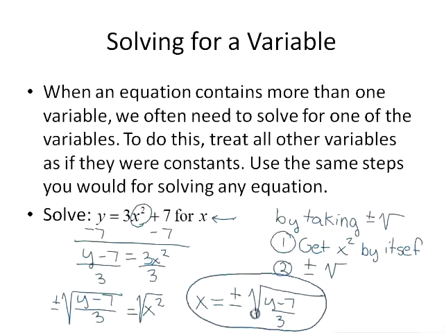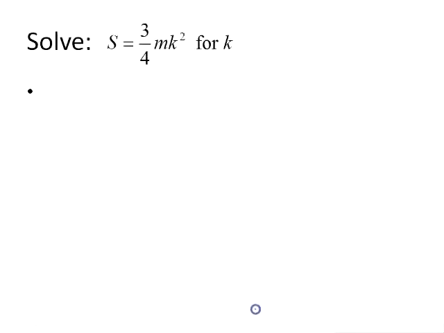You don't need to try to simplify these anymore. Just leave the answer in the form you get it in. In this case, the (y minus 7) over 3 is under the radical. So x equals positive or negative square root of (y minus 7) over 3.